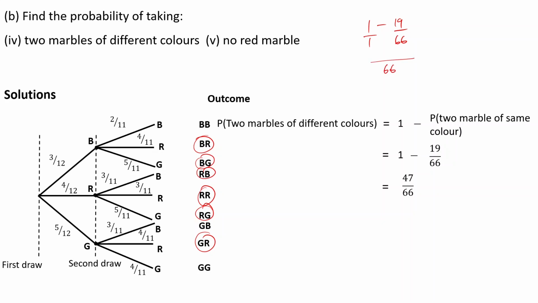So you say 1 into 66, 66. 66 times 1 minus 66 into 66, 1. 1 times 19, 19. So when you subtract this minus that, you get 47 over 66. So this is how we arrived at this answer here.